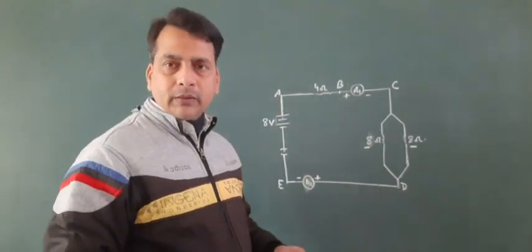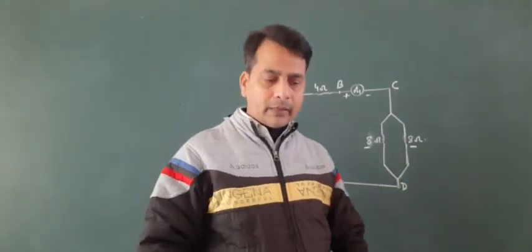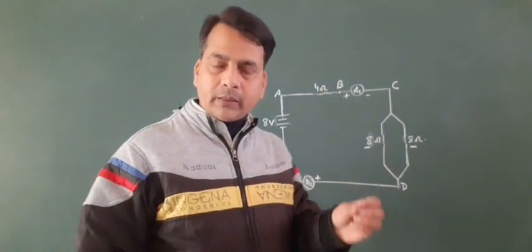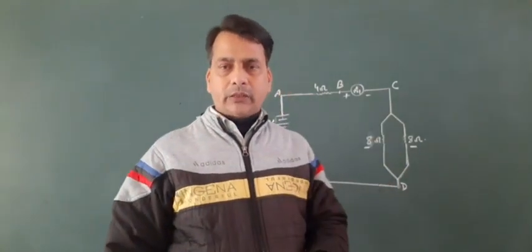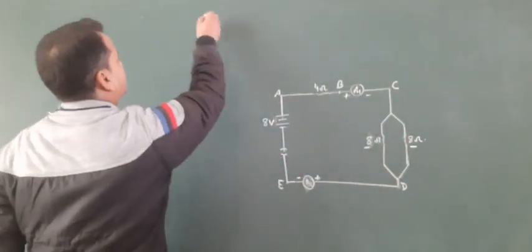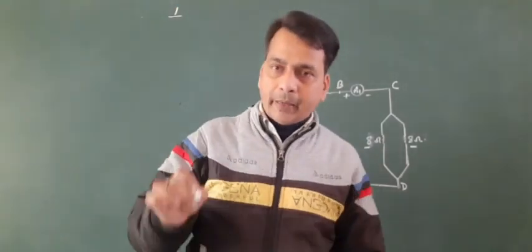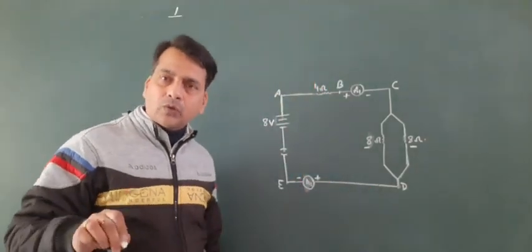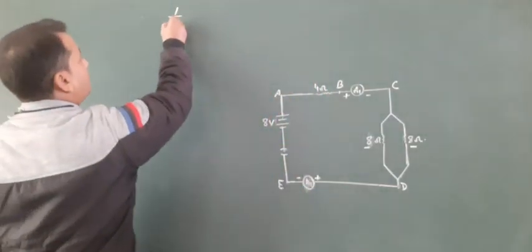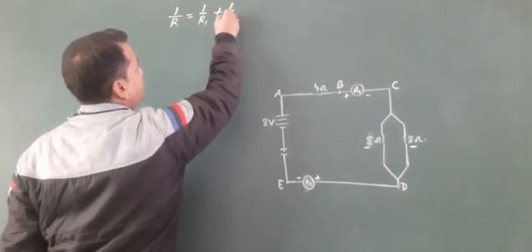So we know that if two or more resistors are in parallel combination, the equivalent or net resistance is given by the reciprocal of the individual resistors. So the formula of parallel combination, if two resistors are used in parallel in any circuit: 1 by R equals 1 by R1 plus 1 by R2.